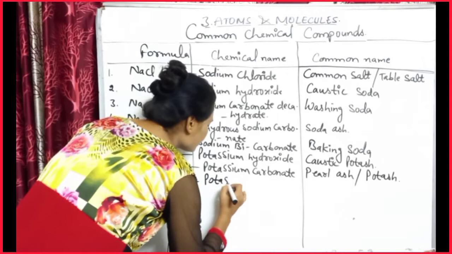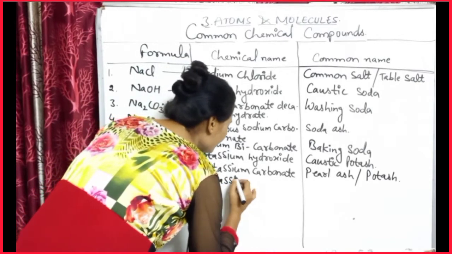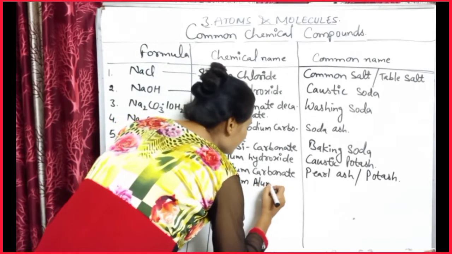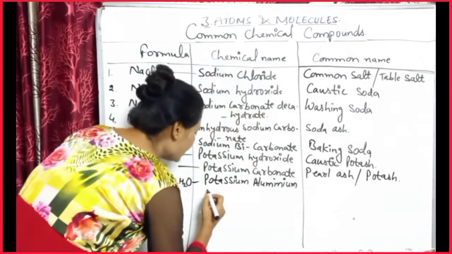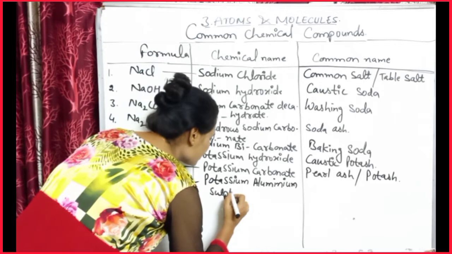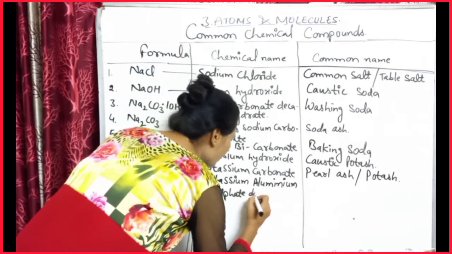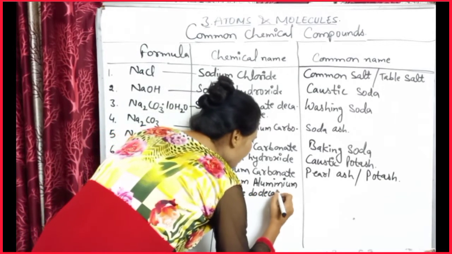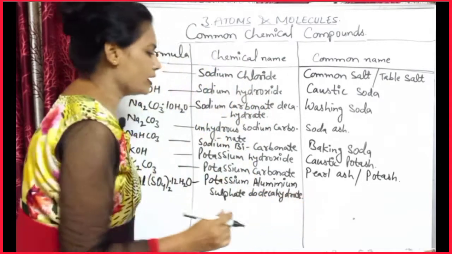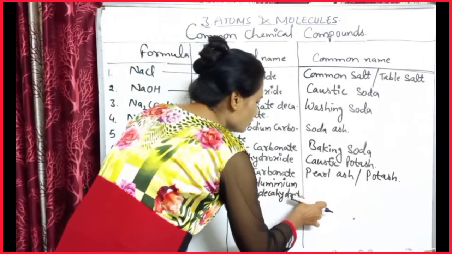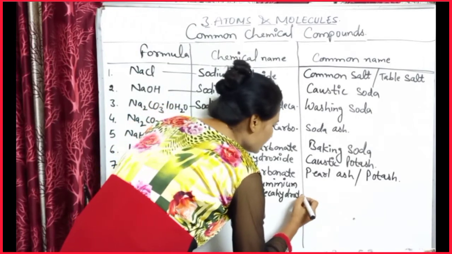So you can write potassium aluminium sulfate dodecahydrate, which means 12 molecules of water are present here.